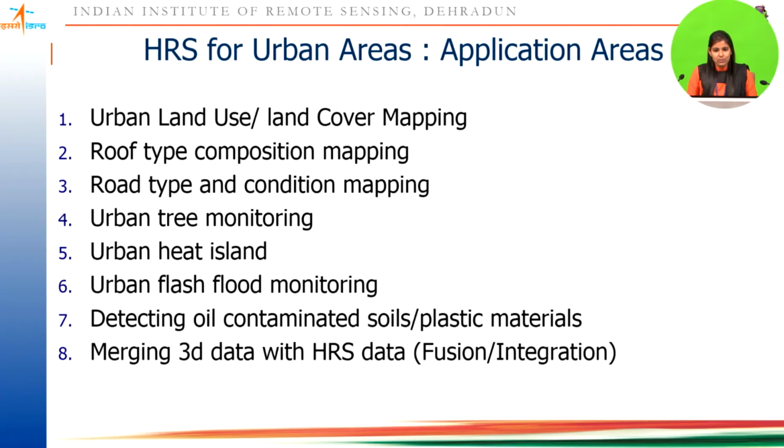So it can also be monitored with the help of hyperspectral remote sensing. The urban heat island effect, consequent to the urban tree monitoring, can also be monitored. Urban flash floods can also be monitored. Oil contaminated soil and plastic material can be monitored. And the 3D data can be fused with the hyperspectral data for better classification results.